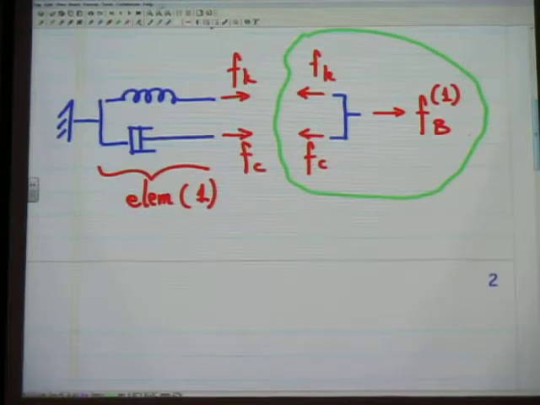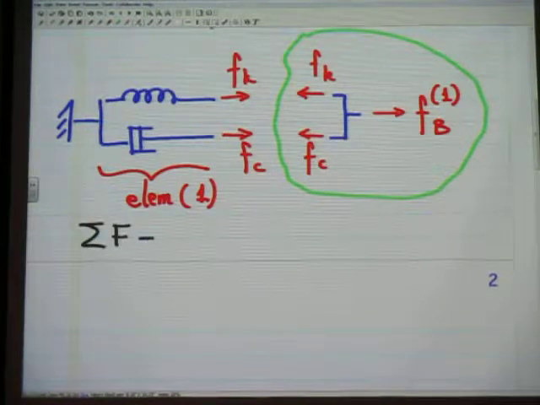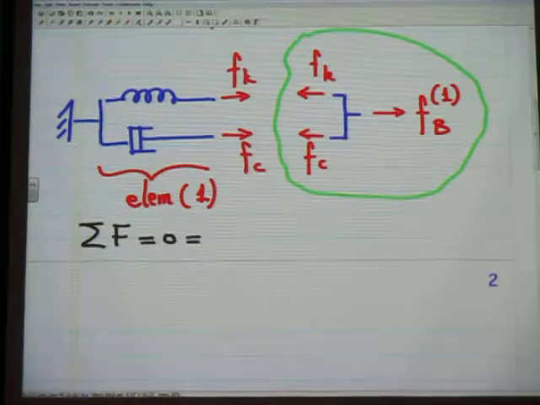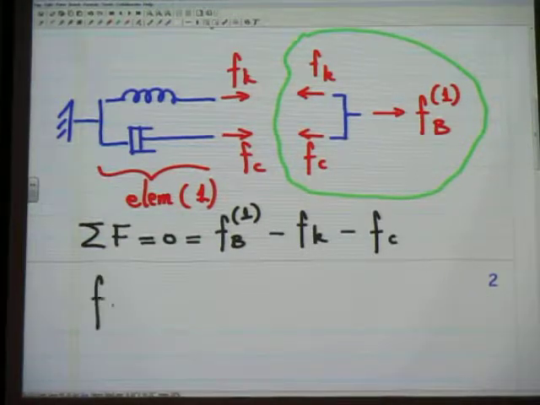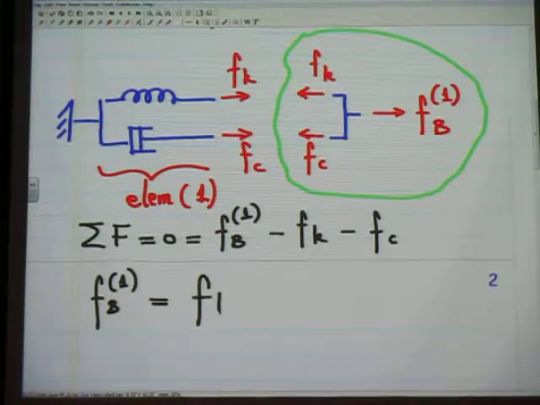So let me write the following: sum of forces equal to 0, and that's equal to Fb1, right, minus Fk minus F sub c equal to 0. So therefore, F sub b of element 1 is equal to F sub k plus F sub c. Okay, so that's why you add the two forces together.